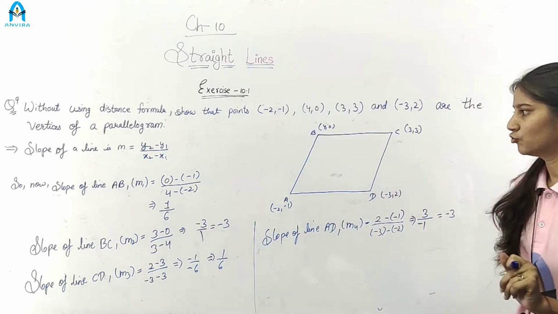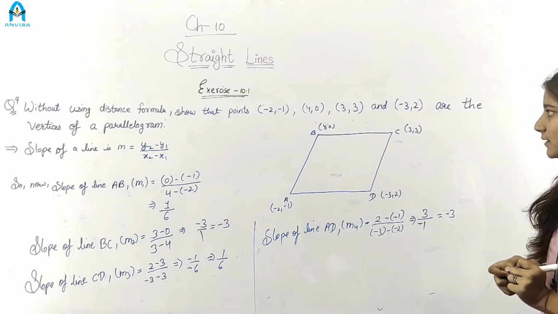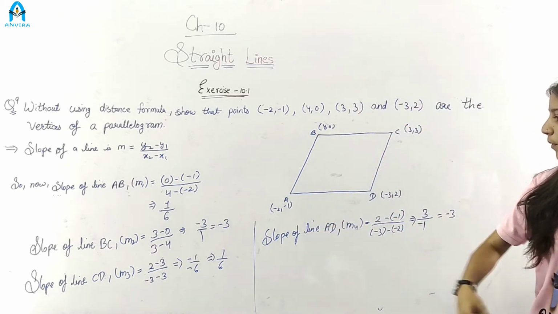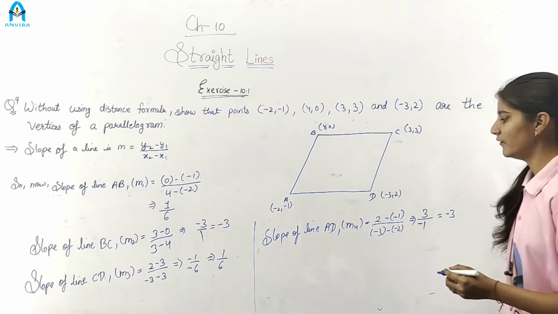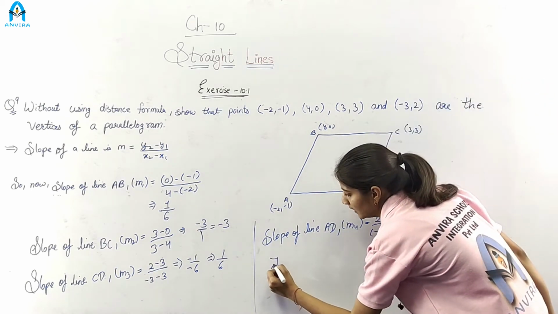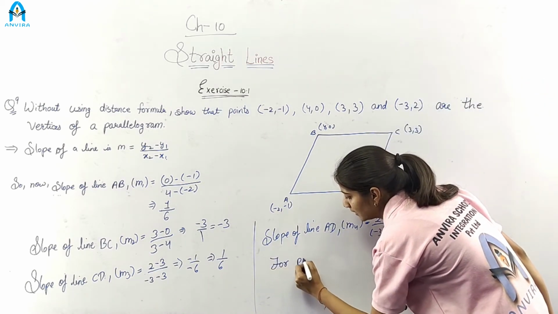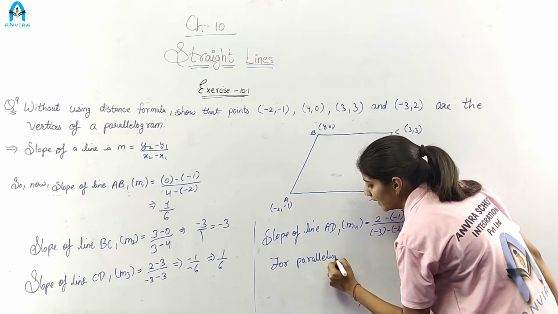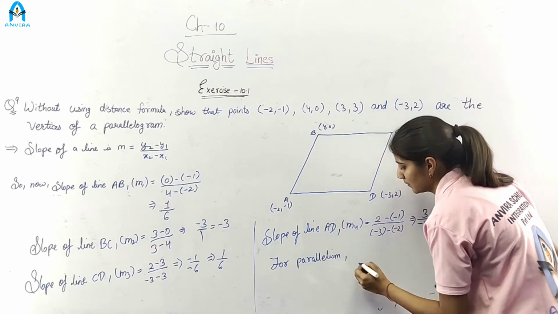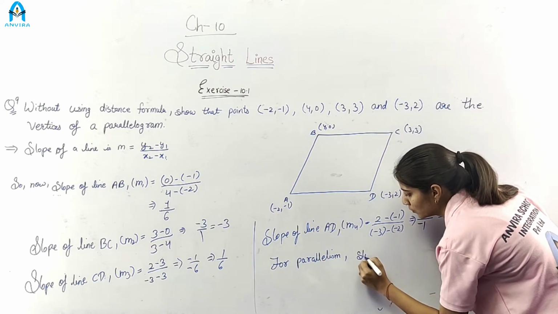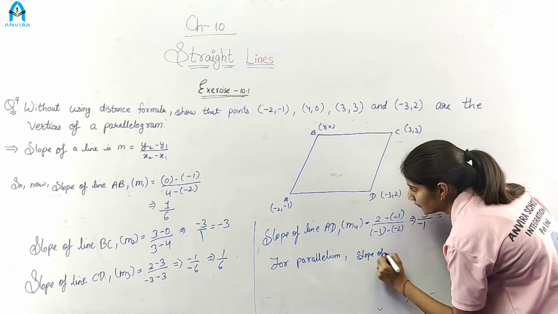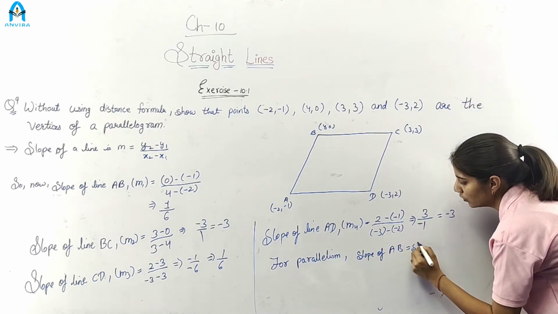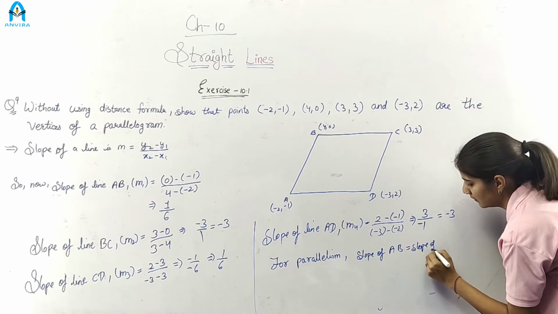So we can say that BC is parallel to AD, since the slope of AD is equal to the slope of BC. For parallelism, the slope of AB should be equal to the slope of CD.